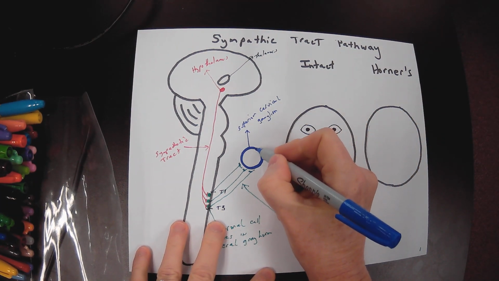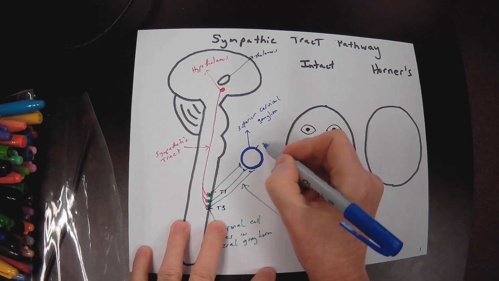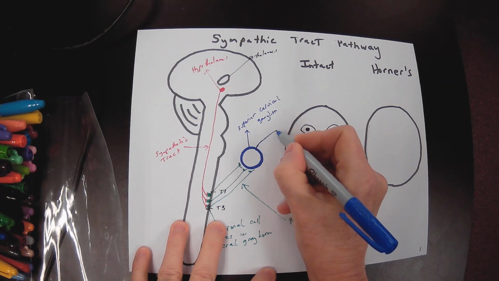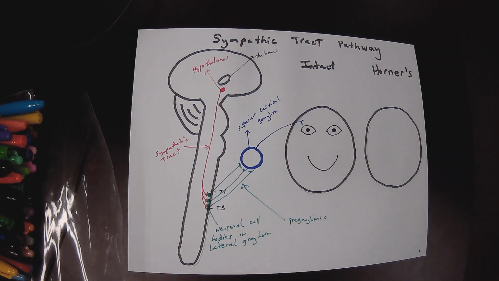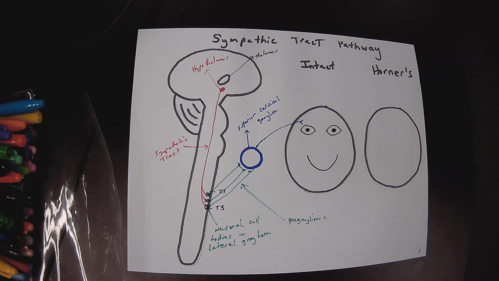Okay, the first part, axons from the superior cervical ganglion come out and are going to innervate an eyelid muscle. Does anybody remember what the name of the muscle was that opened the eye? Levator palpebrae. Good. It's the responsibility of levator palpebrae to open the eye.